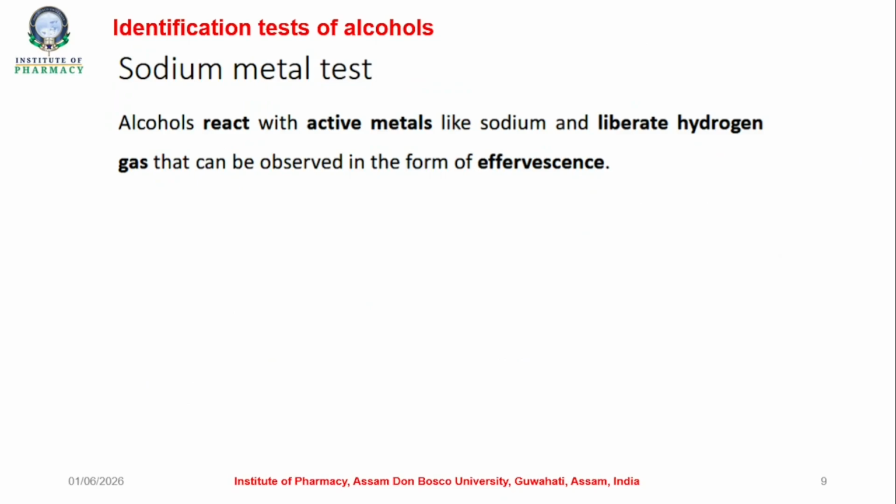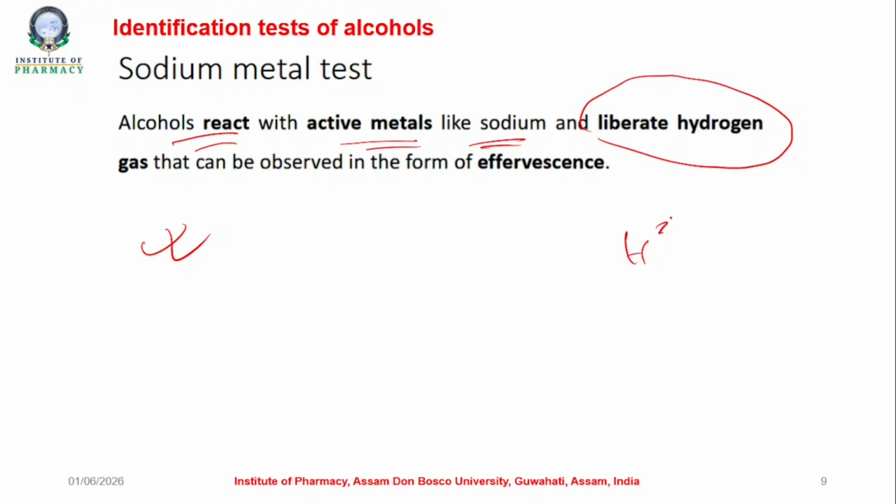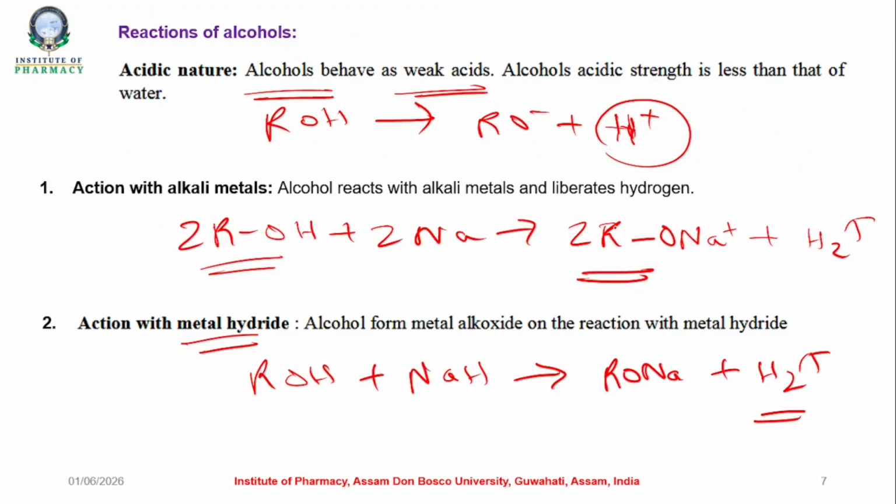Next we'll see some identification tests of alcohols. The first is the sodium metal test. This particular reaction we have just observed in the previous slides. In this we see alcohols react with metals like sodium and liberate hydrogen. So hydrogen is liberated, as we have seen in this reaction.